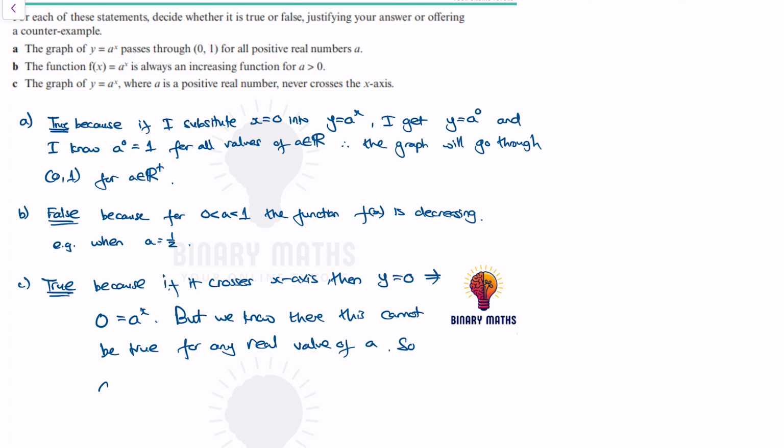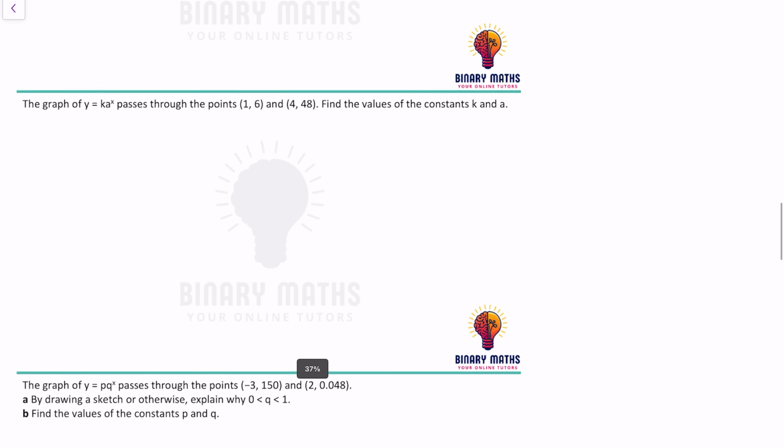So a to the power of x equal to 0 has no real solution, therefore it does not cross the x-axis. I should rewrite for a real positive value of a, because obviously it would be for a equal to 0. Okay. Next question.